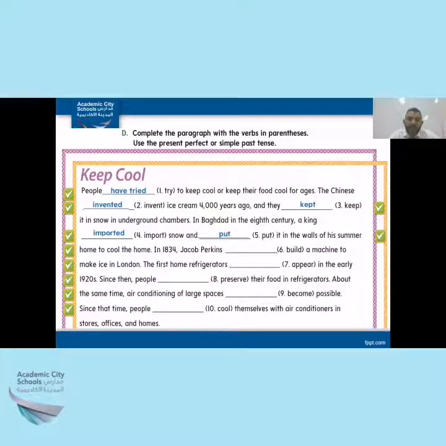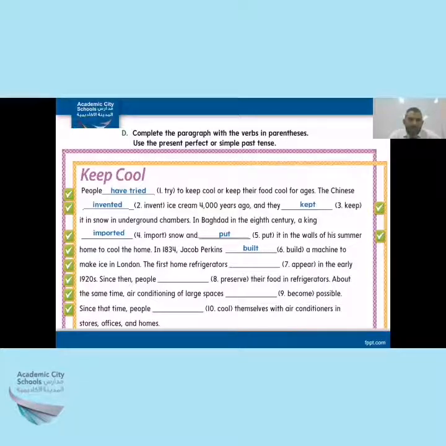Notice that build is irregular. Just add ed with regular verbs. But if the verb is irregular, you have to memorize the verbs. So the verb 2 of build is built. Excellent.